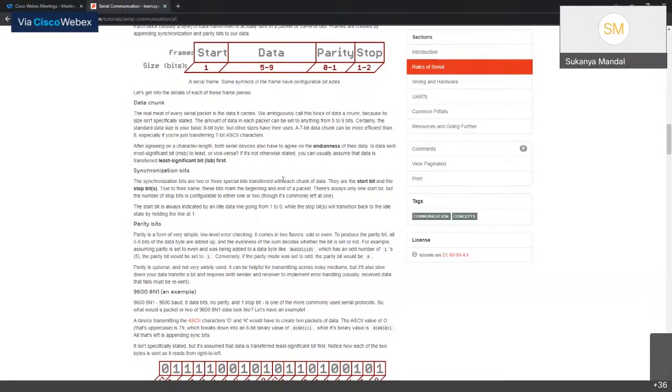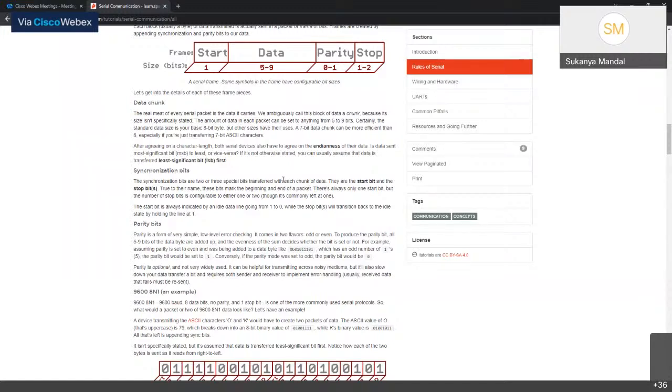The amount of data in each packet can be set to anything between 5 to 9 bits. The standard data size is 8-bit bytes, but other sizes also have their uses. A 7-bit data chunk can be more efficient than 8-bit data chunks, especially if you're transferring ASCII characters, which are 7 bits.